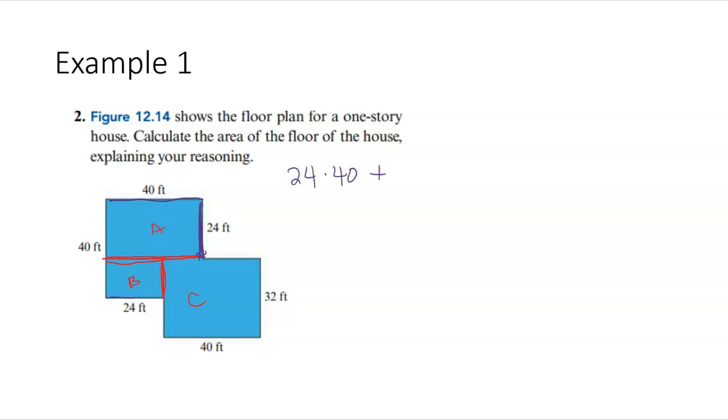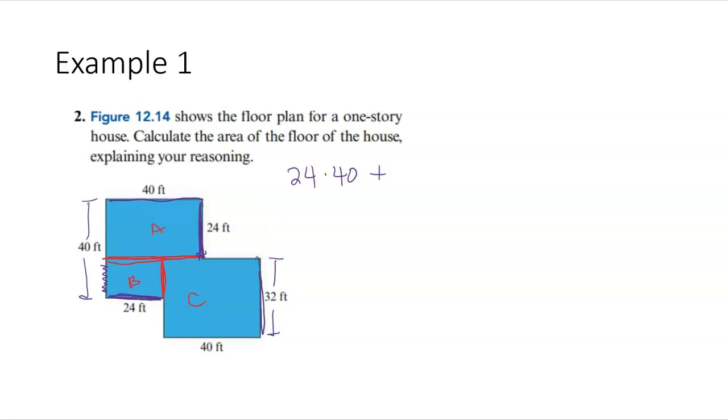Now, I know that this is 24, but I need to figure out this little piece here before I can move on. I know that this full length here is 40, and I know that this full length here is 32, and this is 24. Let's look at just this piece.